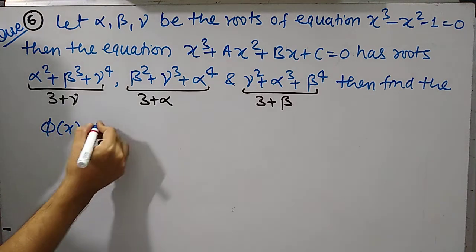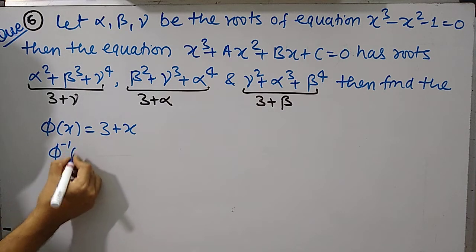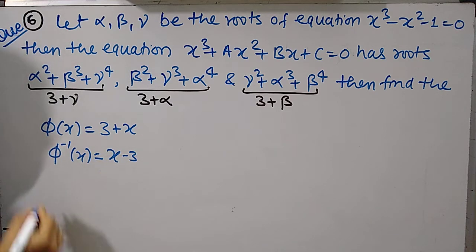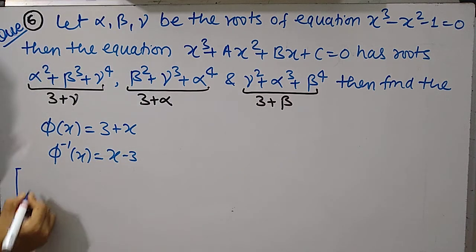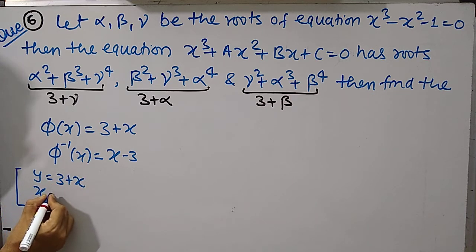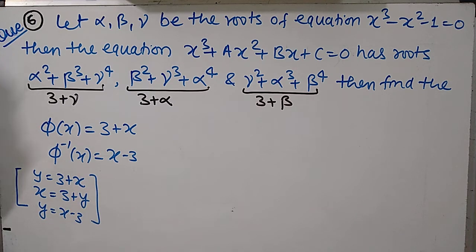Phi x equal to 3 plus x. So what is its inverse? Phi inverse x will be x minus 3. How? Because y equal to 3 plus x, so for the inverse, x equal to 3 plus y, so y will be x minus 3.